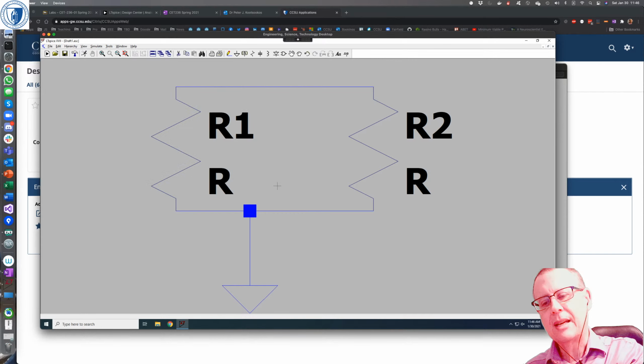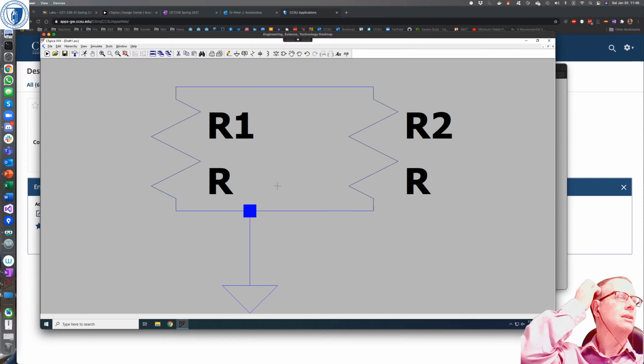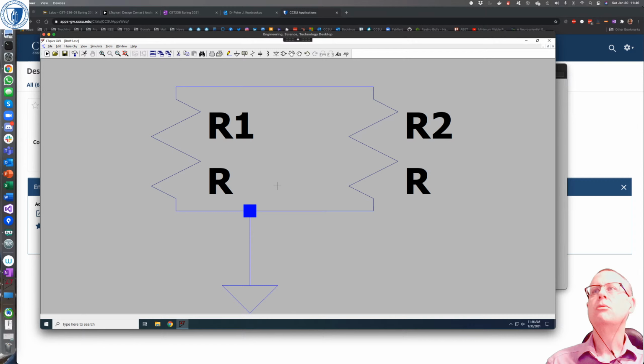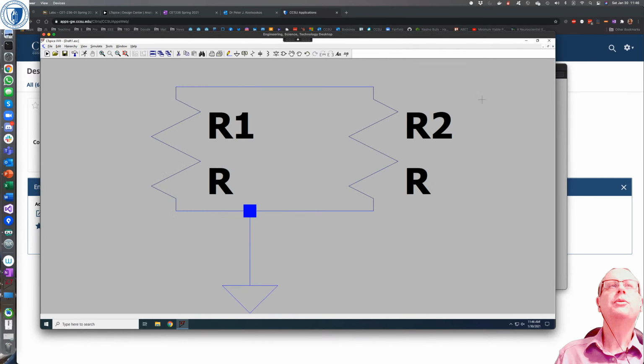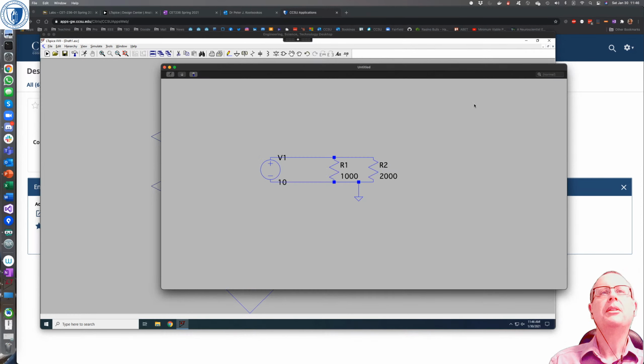If anybody does need to use the Citrix server, please bear with me while I try and debug that. I won't be able to do it right now, but I'll try and figure out what the problem is and get that fixed. But anyway, you can see both the Windows version and the Mac version work pretty similarly.